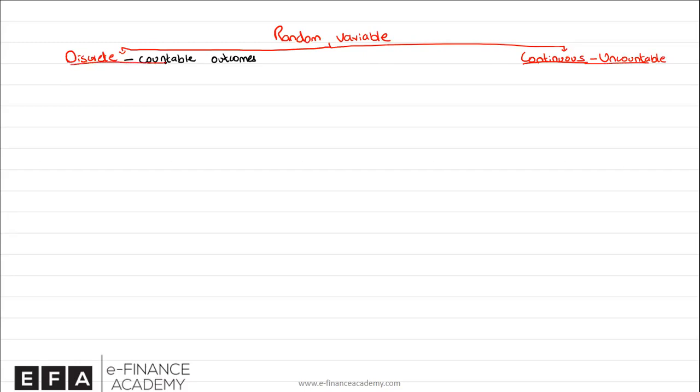All right, another example we could look at for discrete random variable would be that of stock prices. So when we speak about stock prices, a distribution of stock prices would generally be considered as a discrete distribution, because the number of possible prices on any single day, for example, is actually countable.